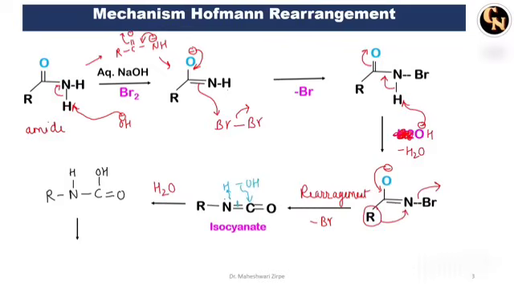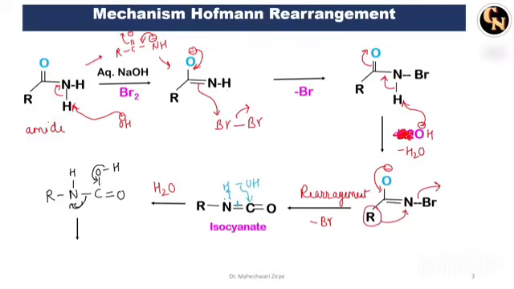Okay, so this is the step which you are going to get, and the last step is that you can even show this OH as some rearrangement taking place or removal of carbon dioxide gas. So what is going to happen is, this bond will break and it will give nitrogen its lone pair again.